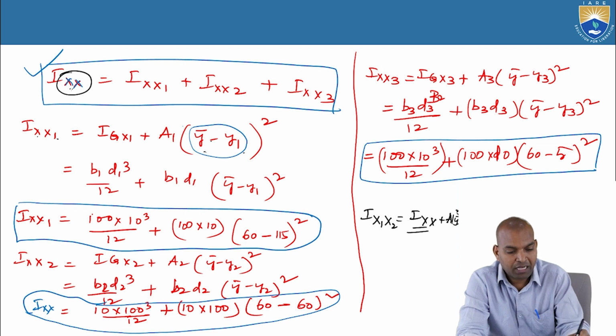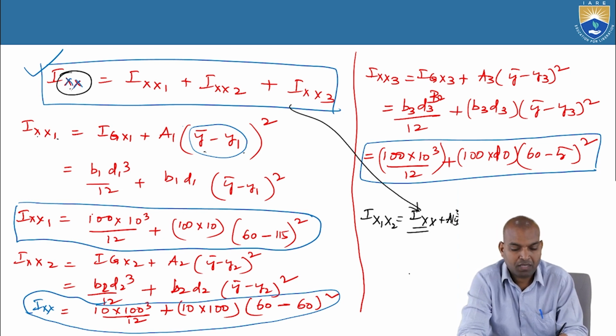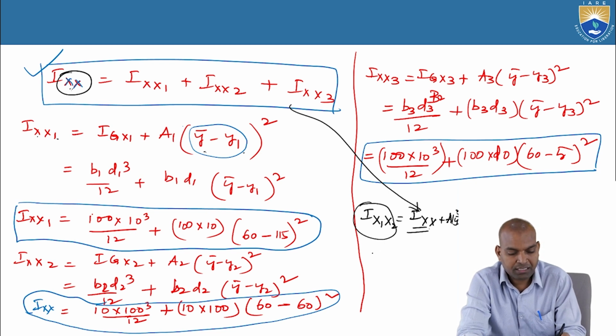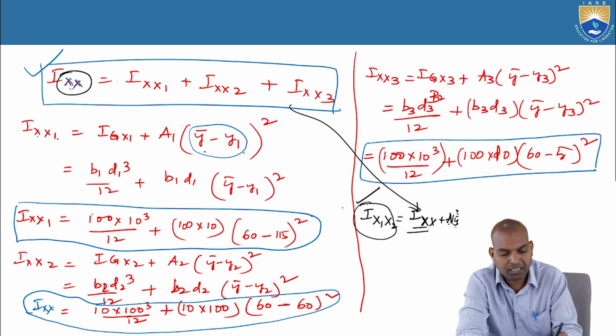This Ixx we calculated, and we want it about this axis. Then Ixx about the centroidal axis, plus the total area times bar y square, where bar y is the centroidal distance. Then we will get Ix1x2.